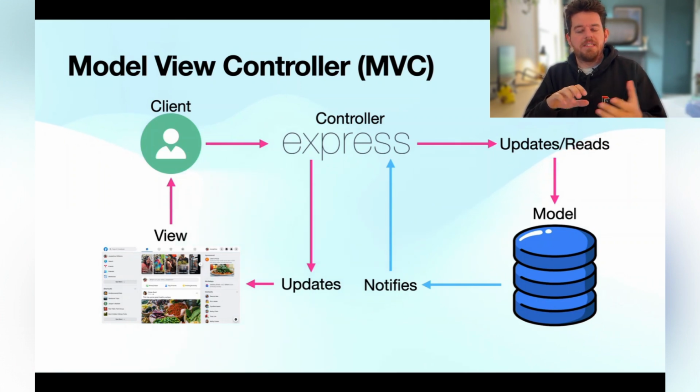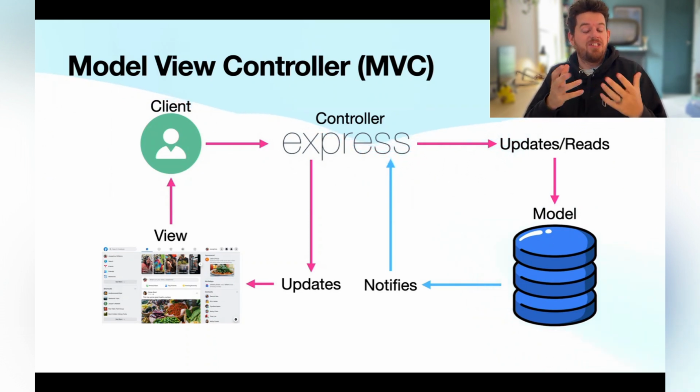Now, this could be something as simple as just build me a login page. It could be something really dynamic, such as the Facebook homepage, where it's got all of the posts that are saved in the database, all of our user account info, and all of the groups that we belong to. This view is then delivered to the client, and depending on what the client then does, the whole process starts again.